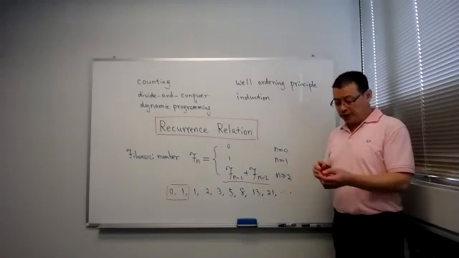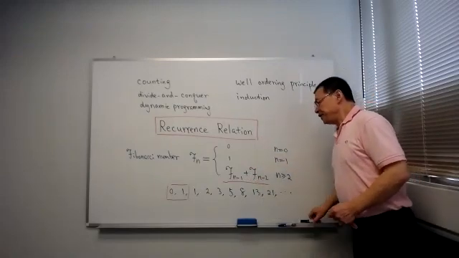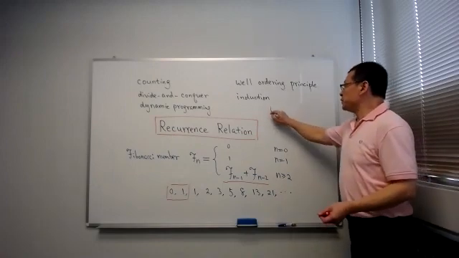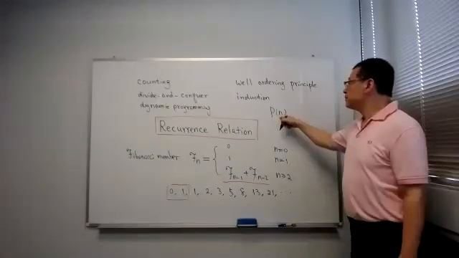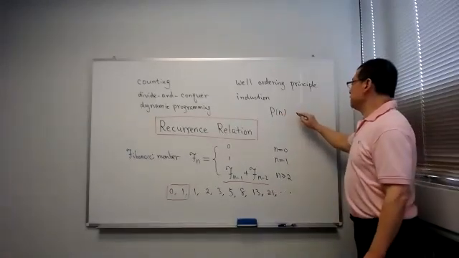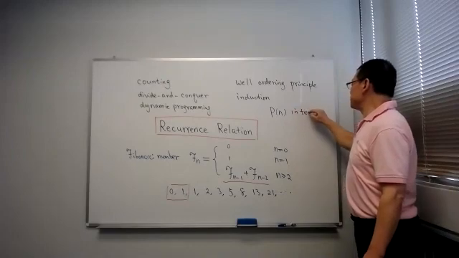A recurrence relation is we define a value of n, so P of n is a value in terms of previous values.